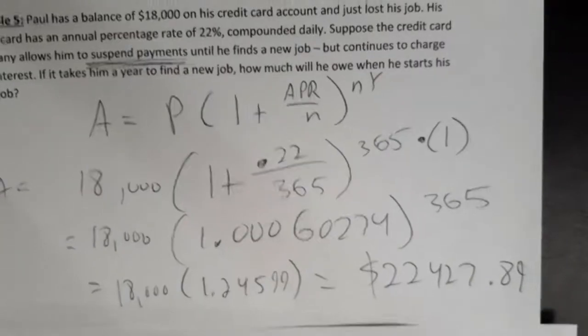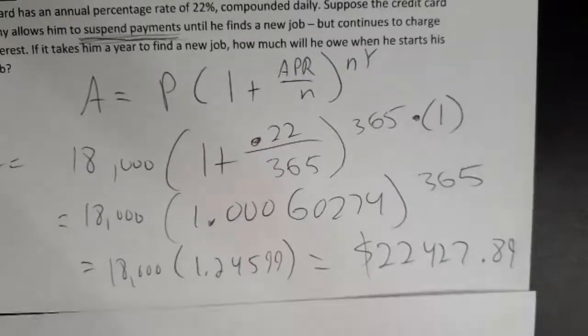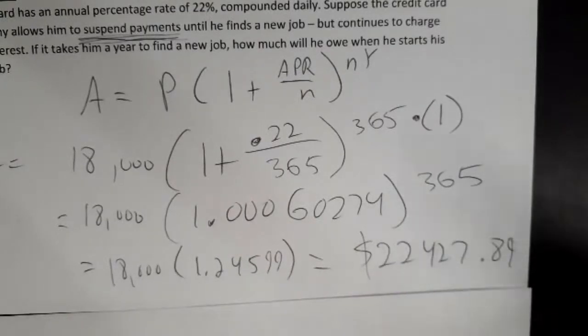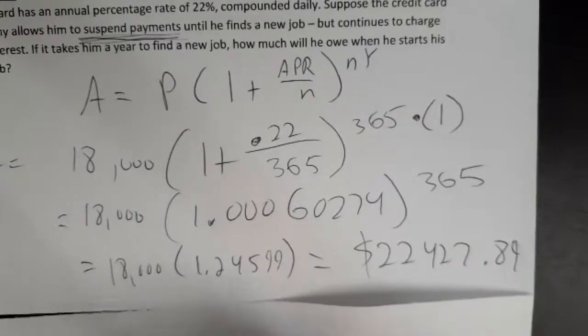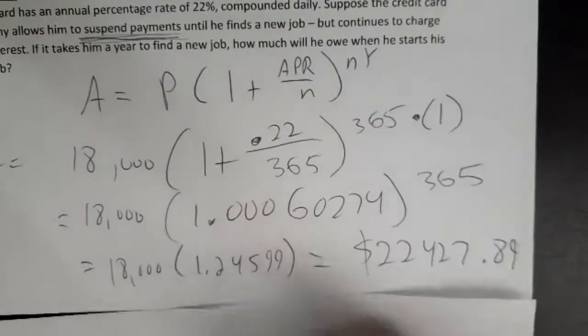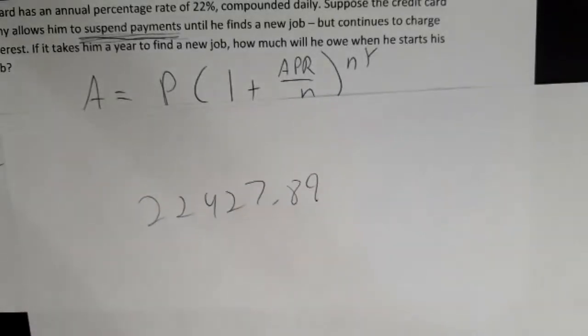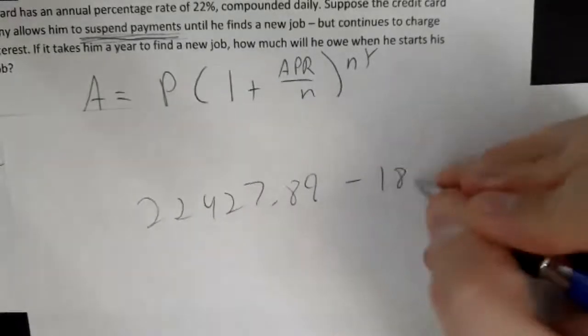So we want to know how much will he owe when he starts his new job. So this is going to be his account balance. So he's got 22,427.89. But out of that, the 18,000 was the principal.